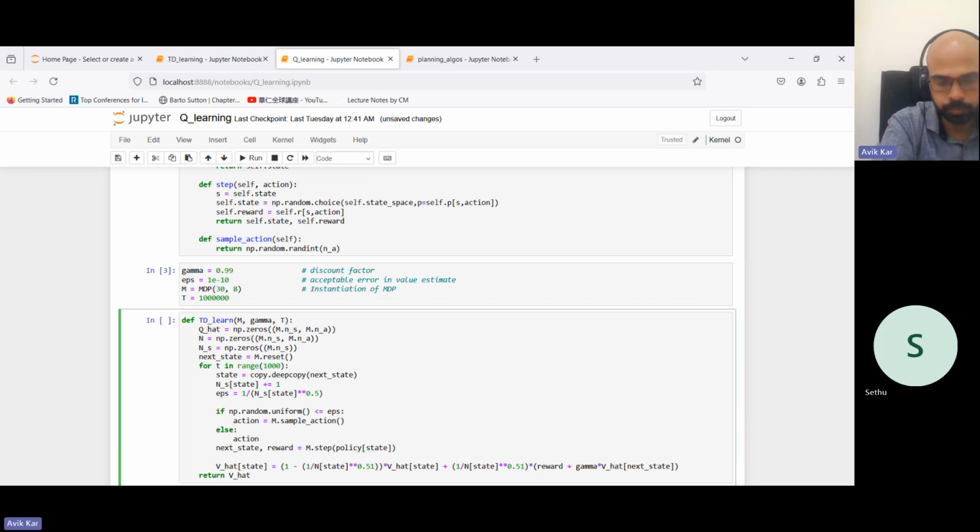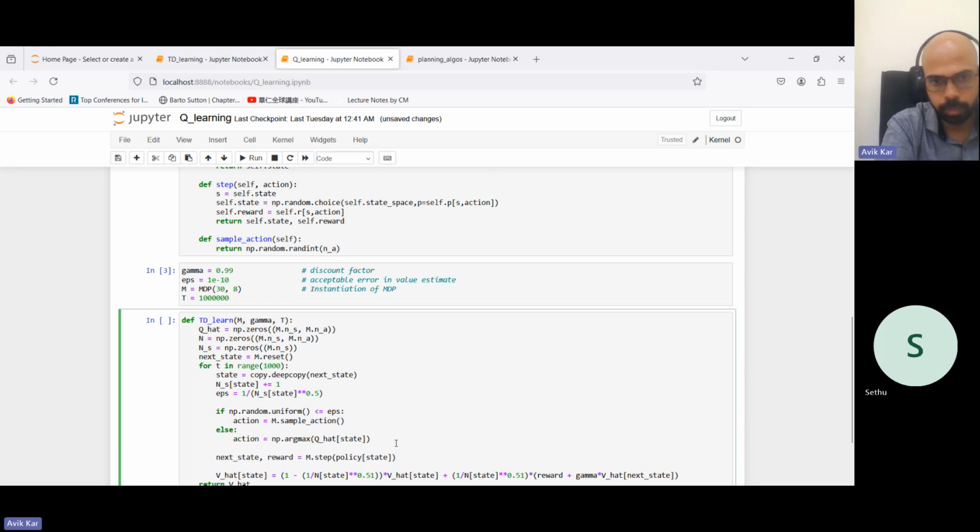Action equals argmax of Q at state. That gives you one array, and whichever action maximizes that Q at the state, that particular coordinate will be your action.